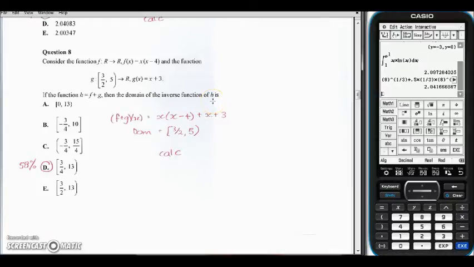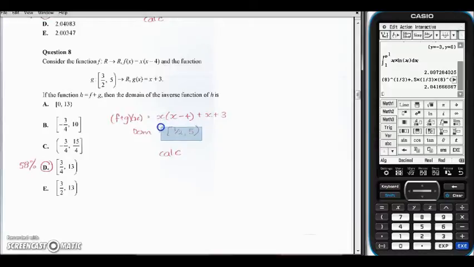Sums and products of functions tell you that h is just f plus g, which is x squared minus 4 plus x plus 3. So that's the function there. Now the domain of that function is the intersection of the two domains of f and g. The domain of f is R, so the intersection of the two is just going to be the same as the domain of g.